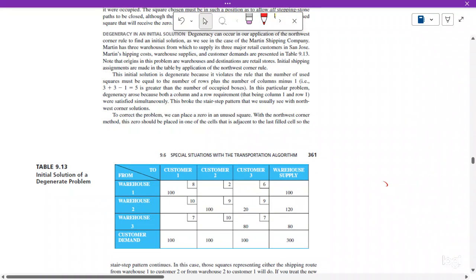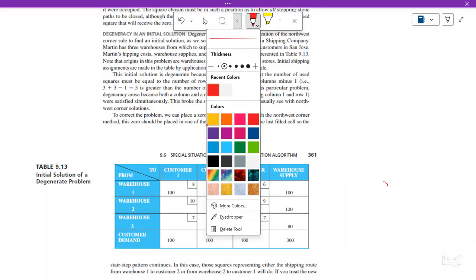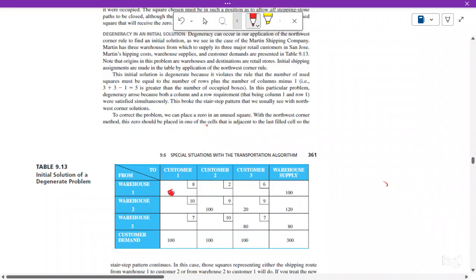How is it a degeneration now? I want to see how is it a degeneration. So now this is 100, the lowest. But the lowest is 7. It's not 8.